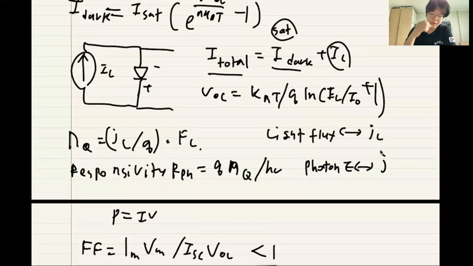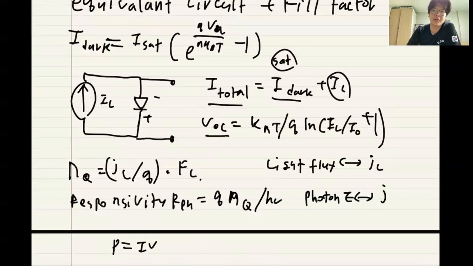So if the circuit is open like here, then the total current would be zero. Using this property, we can calculate the open circuit voltage through this.